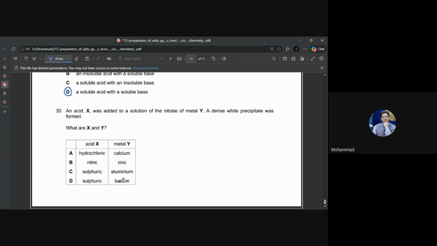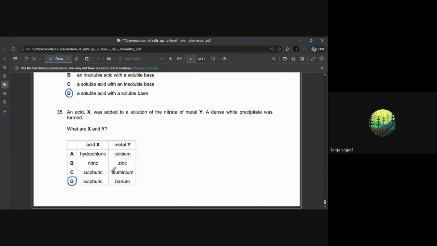Is it D? Sulfuric and barium. Very good, excellent. This is sulfuric acid and barium. Option D. Yes, this is all.